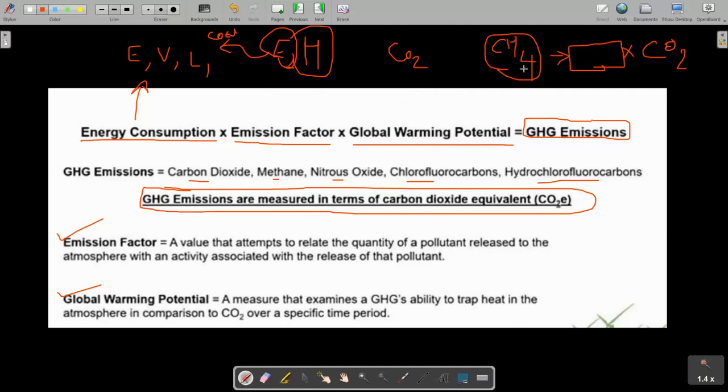So for example, 1 kg of methane does that much greenhouse gas trapping, the same as 10 kg of carbon dioxide. So this multiplying factor is 10. This is just an example.